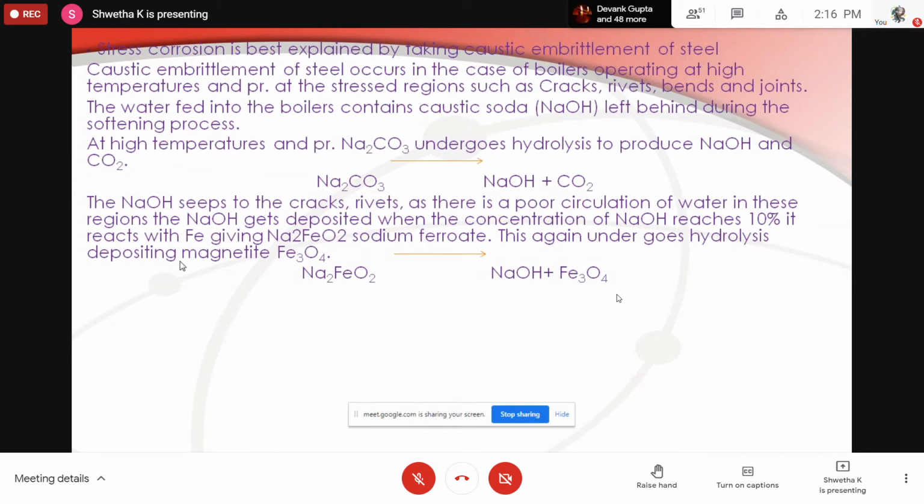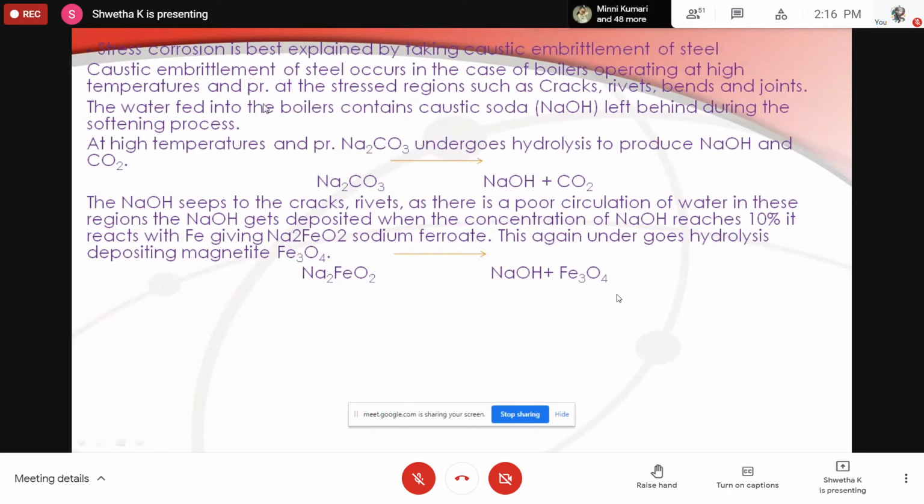When it reaches 10%, that time we have the boiler steel, which is made up of iron, and on the surface there is deposition of the NaOH. Now these two act, NaOH and the iron.